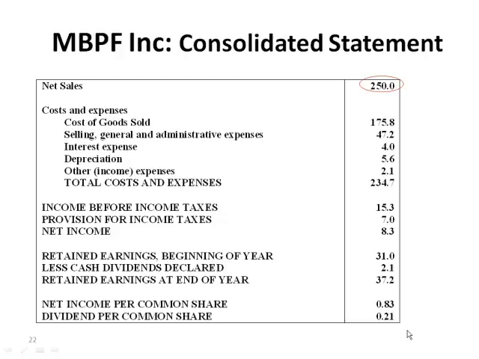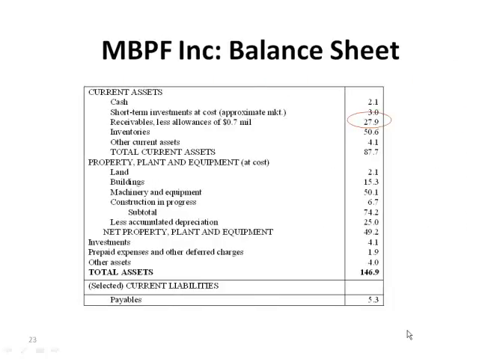And if we look at the consolidated statement for MBPF, it turns out that net sales was $250 million for the last year. Now let's suppose I look at the balance sheet and it tells us that receivables is $27.9 million.